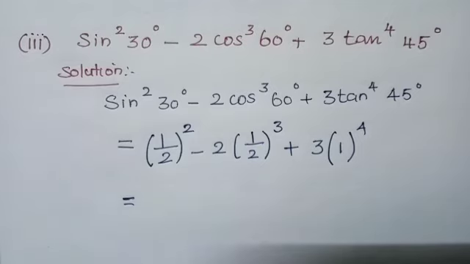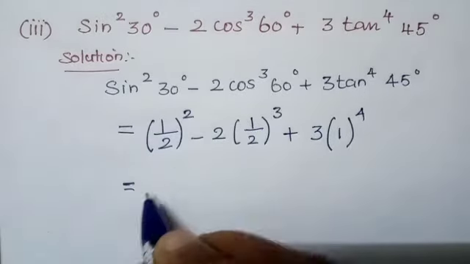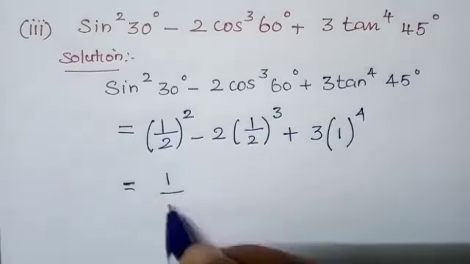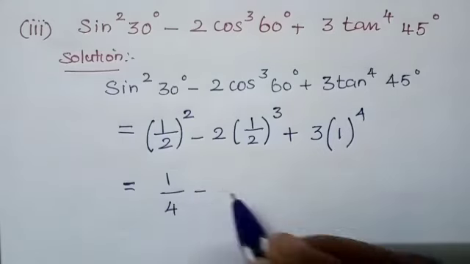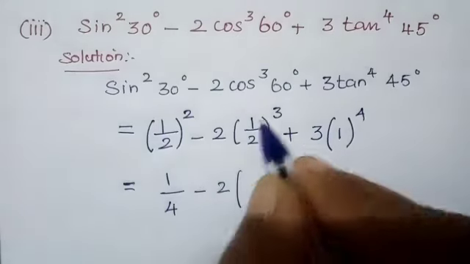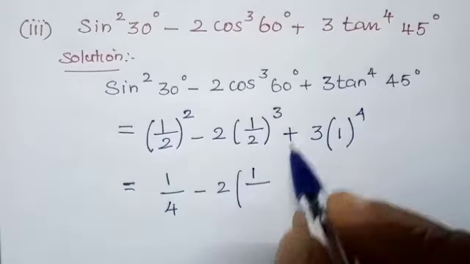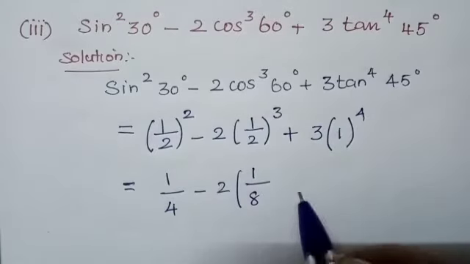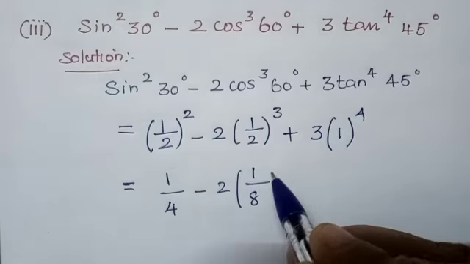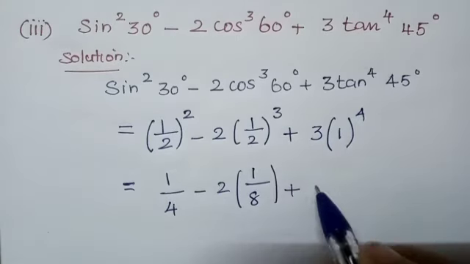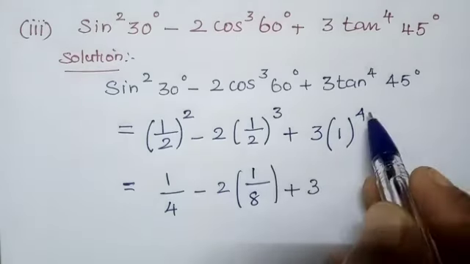Then take square of the numbers. 1 square is 1 divided by 2 square 4, minus 2 into 1 cube equal to 1, 2 cube equal to 8, 2 into 2 into 2 equal to 8, plus 3 into 1 power 4.